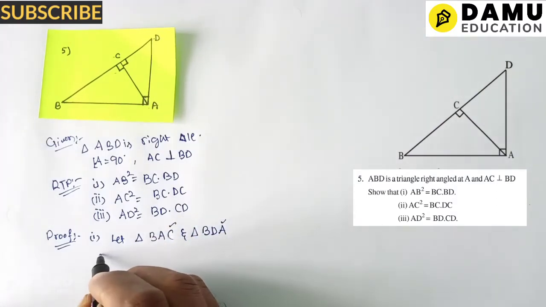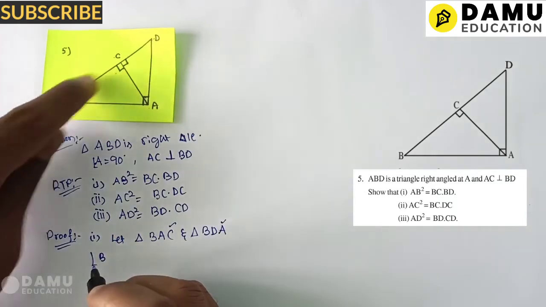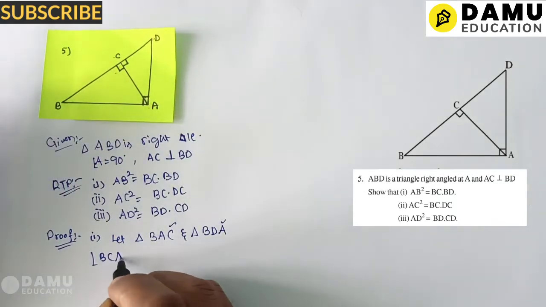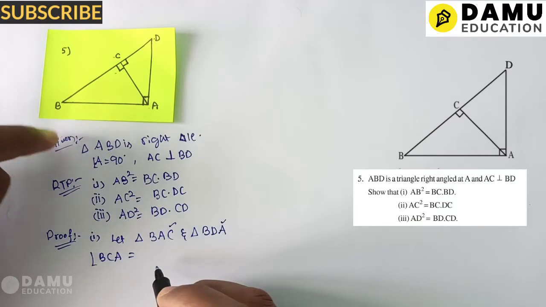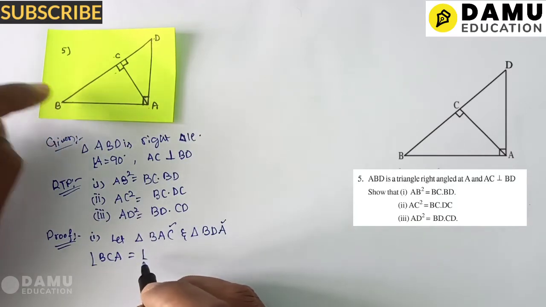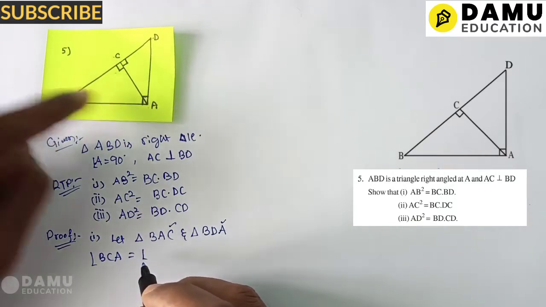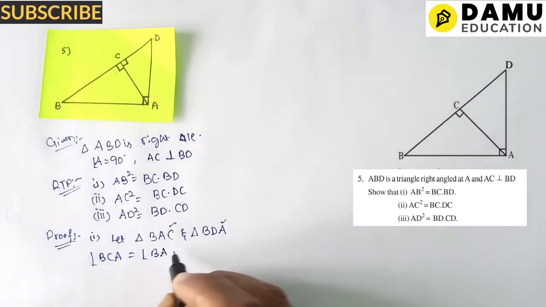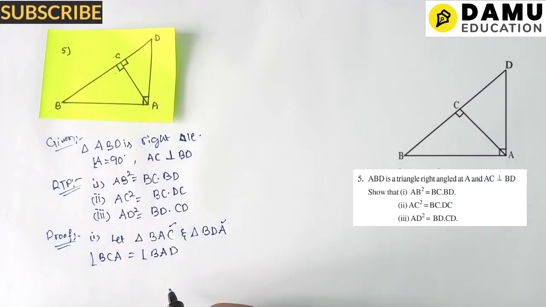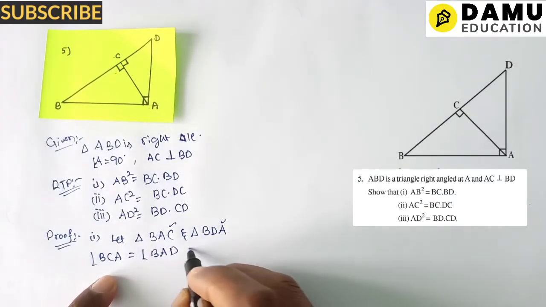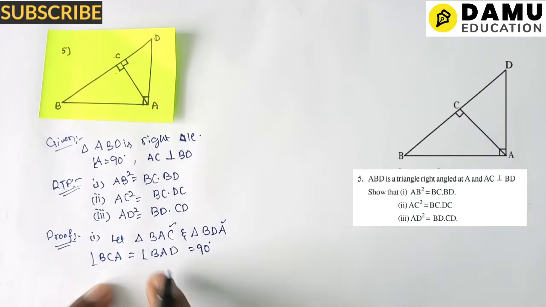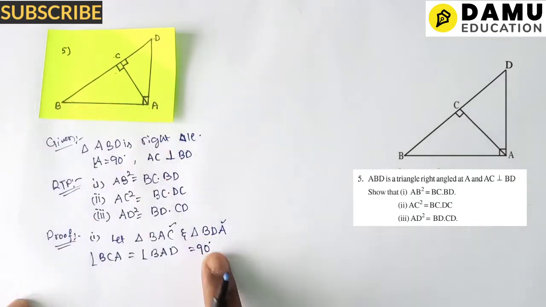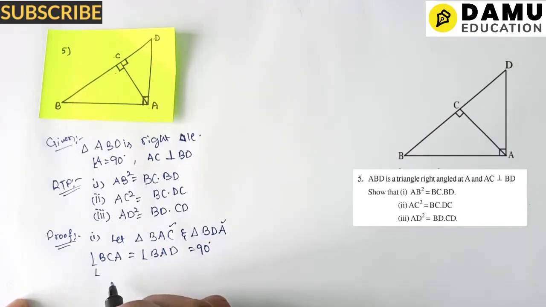So what are the things? Angle BCA in this triangle will be equal to angle BAD. Why? Because it is 90 degrees in both the triangles, so they are right-angled triangles. Next, what is the common angle in both the triangles?